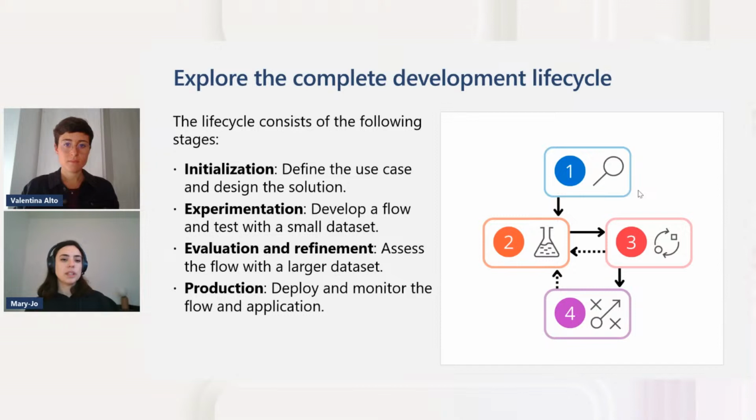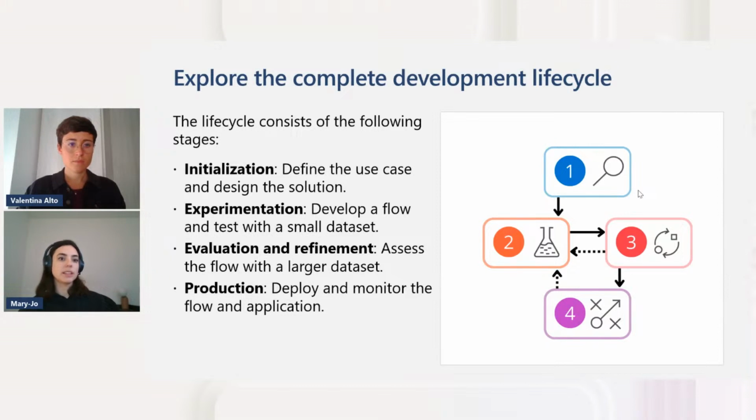Then number three will be the evaluation and refinement. This is where your larger data set comes in. Based on how you think it will be used in production, you create a larger sample so that you really test whether it works as expected, even on a larger or more diverse data set, for example.